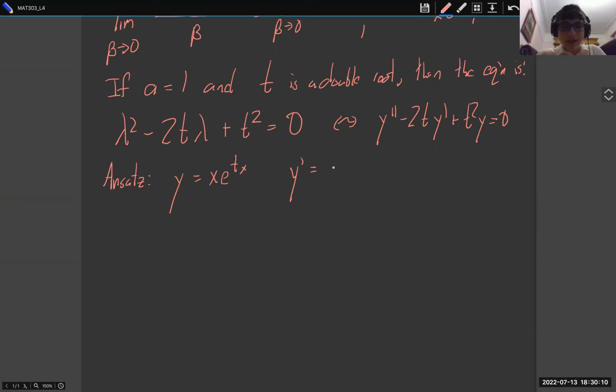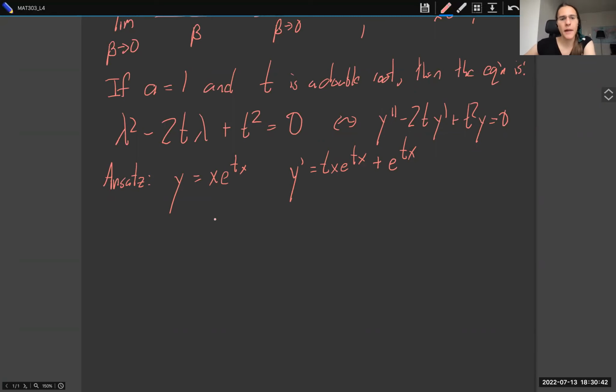So if you differentiate this, you'll get t x e to the t x, but we also have to do the product rule, don't we, right? So we get another term. What's the other term? We just differentiate the x, so we also get e to the t x, right? In fact, I'd write these terms in the other order usually.